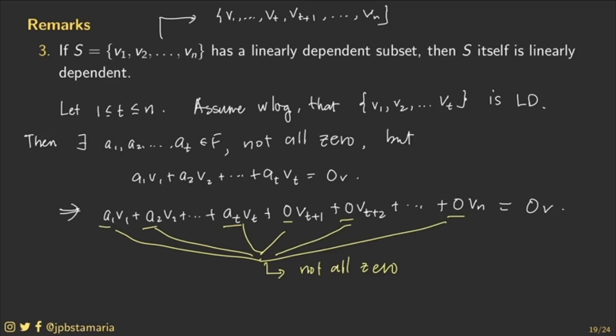Therefore, the set V1 to Vt, including Vt plus 1 up to Vn, is linearly dependent, because I was able to make a combination equal to 0 without using all zeros. That's the proof.